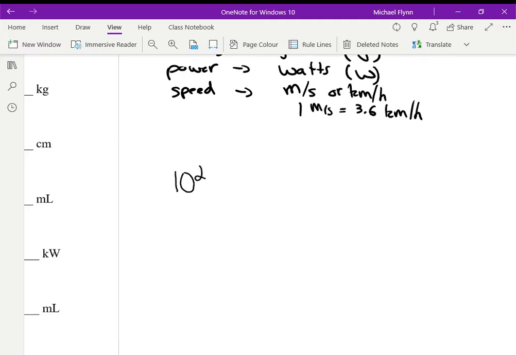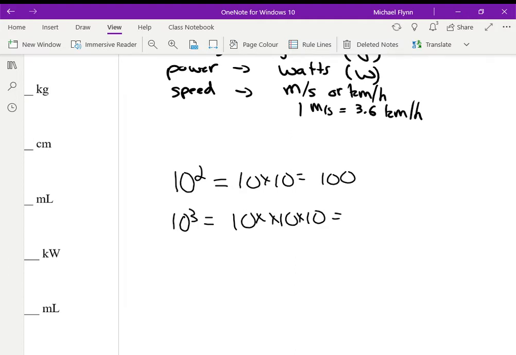Do you know what this means? This is 10 to the power of 2. 10 to the power of 2 means 10 times 10, which is equal to 100. Got it. What about 10 to the power of 3? Well, that's 10 times 10 times 10. Three powers of 10 make 1,000.